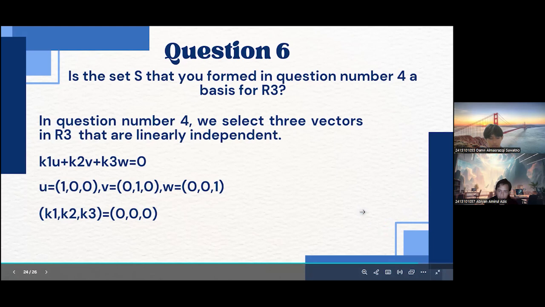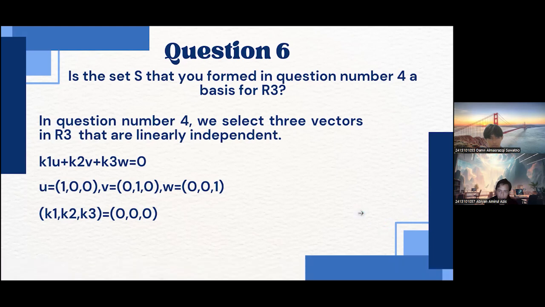This is proof of linear independence for the components given in question number 4. The first component k1 is equal to 0, the second component k2 is equal to 0, and the third component gives k3 equal to 0. It is just the trivial solution in linear independence.